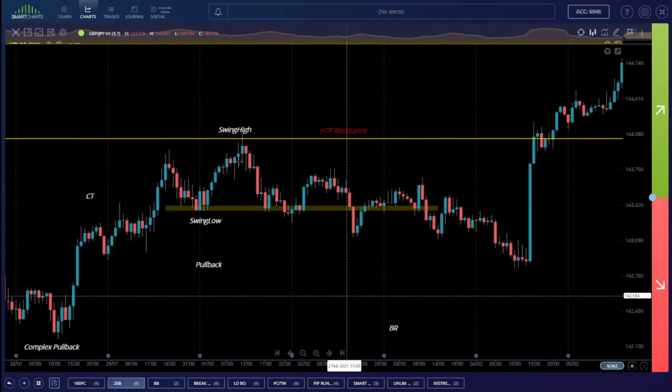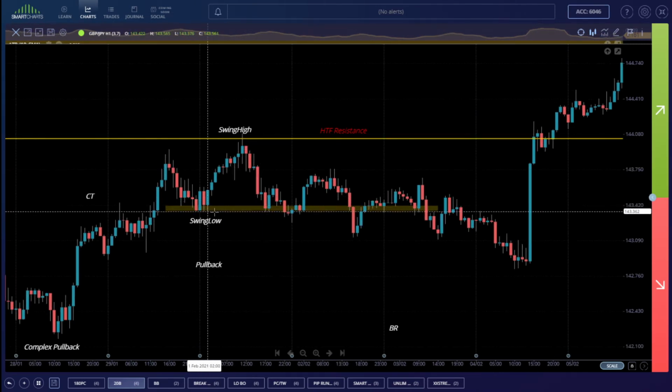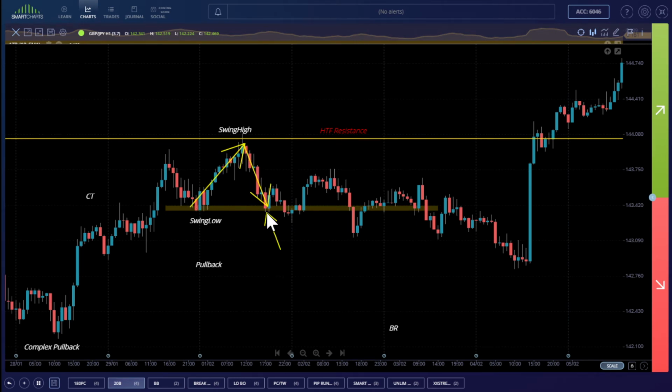You can see price makes its pullback. It makes a double bottom originally. Comes up, comes down, causes this double bottom, has a little bounce up, and then what it's done is actually close lower. It closes lower, and it breaks this swing low.